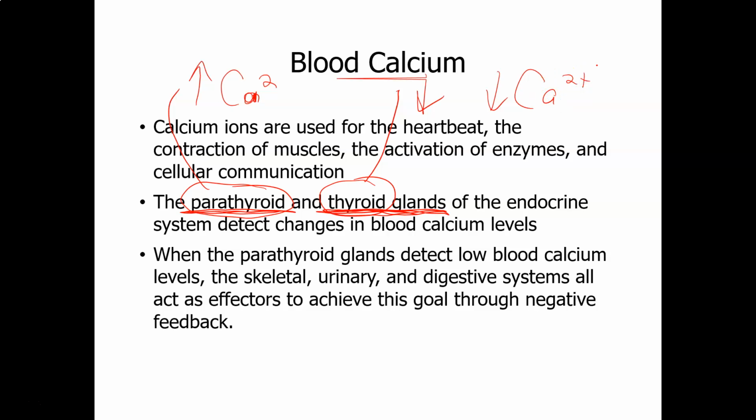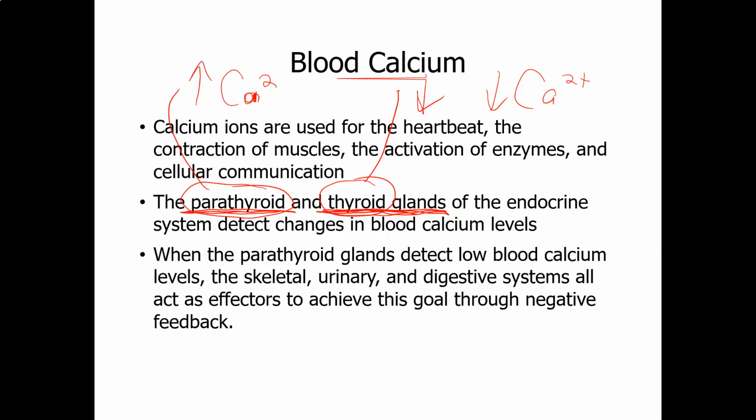They both produce hormones that lead to changes in your body that will increase or decrease the calcium in your blood. Where your body gets calcium, if you've got low blood calcium, the parathyroid hormone is one thing it's going to do is cause your bones to break down.